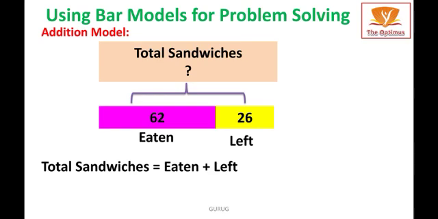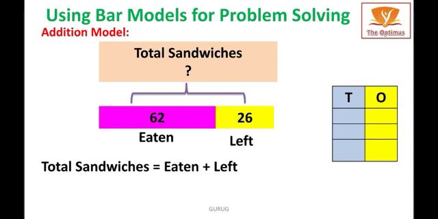I am going to solve in rough work column 62 plus 26. Why am I adding here? We know the total number of sandwiches is nothing but eaten plus left. That's why you are adding here. Is that correct? In ones place, 2 plus 6 equal to 8.